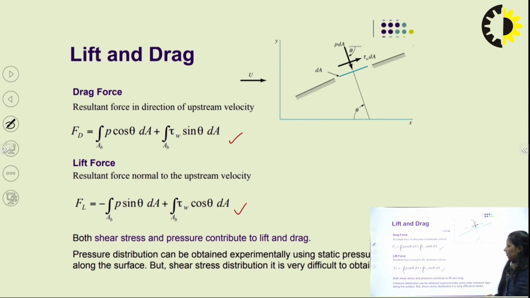Both shear stress and pressure contribute to the lift and drag. Pressure distribution can be obtained experimentally using static pressure taps along the surface, but shear stress distribution is very difficult to obtain, so we apply these formulas by taking many assumptions.